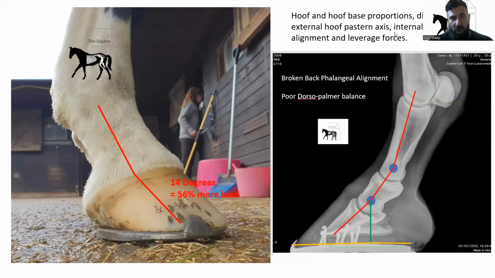This is because hoof proportions, so the heel to toe height ratios, toe angle, heel angle, coronet angle, etc., and the base proportions, so the amount of base of heel support versus the amount of toe, directly affect external hoof pastern axis, internal phalangeal alignment, and leverage forces.